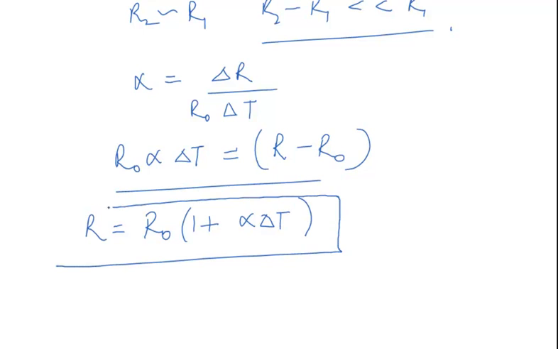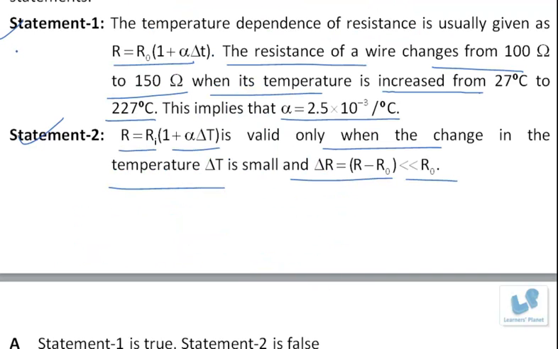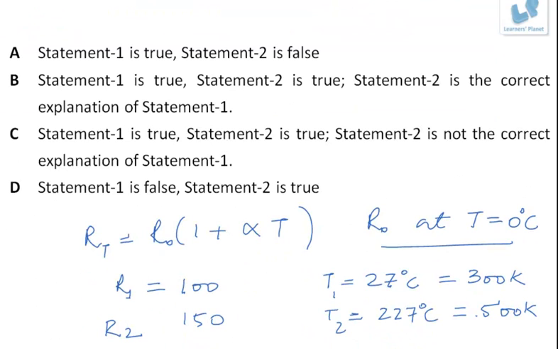Now this expression is only true if R and R naught do not vary much and delta T is given to us. Okay, so statement 2 is correct. So statement 1 is false and statement 2 is true. Okay, now look at the options. Statement 1 is false and statement 2 is true. Option D is correct.